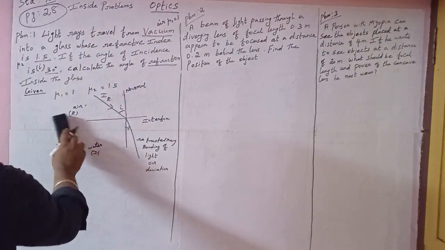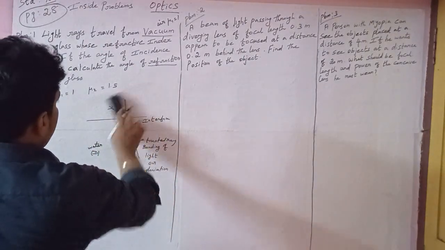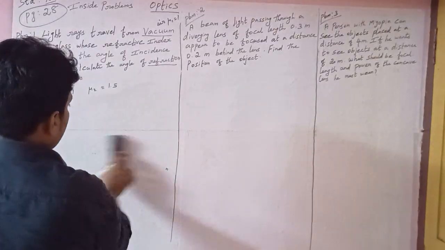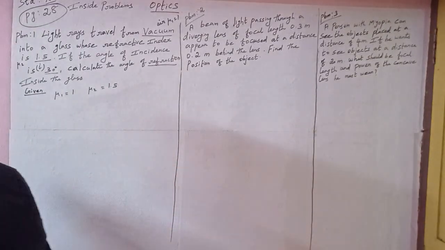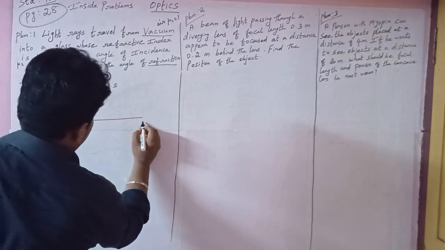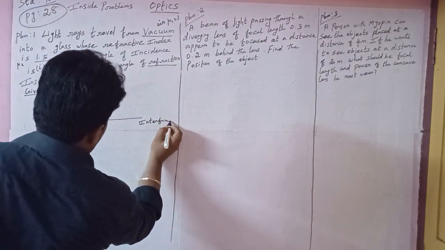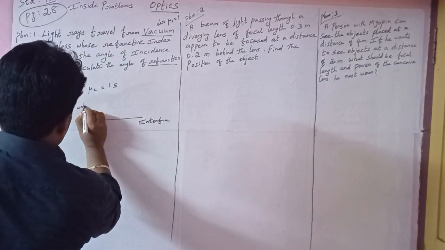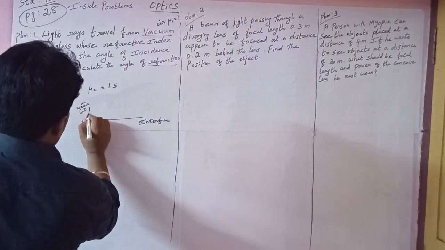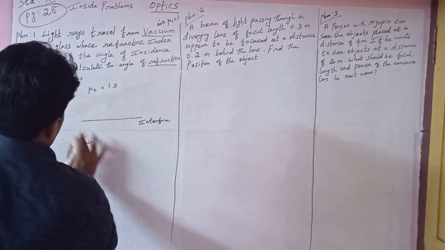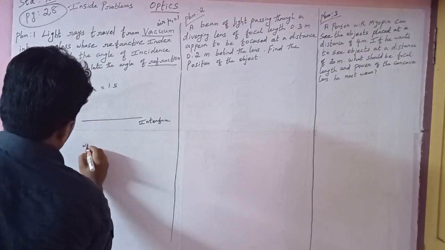Can you understand? For example, there is an interface. There is water.